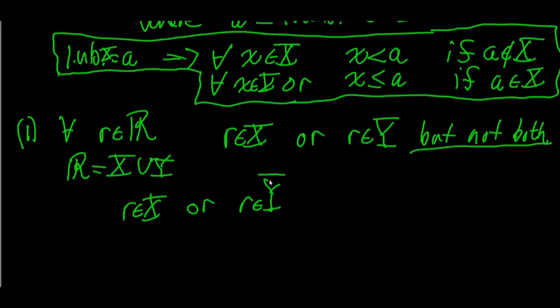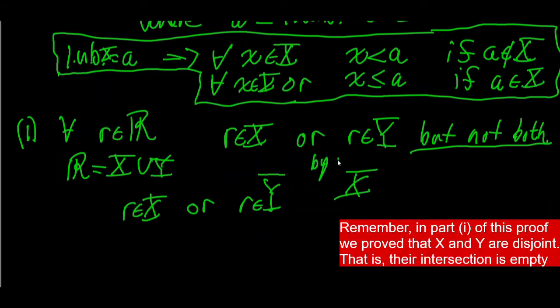Well, by 1, X intersect Y is equal to the empty set. Therefore, r is either in X or r is in Y.